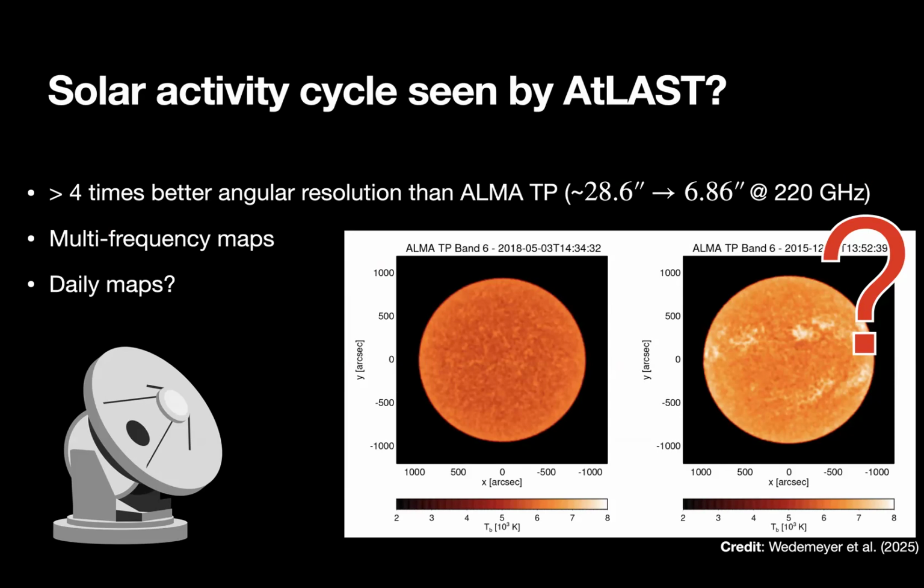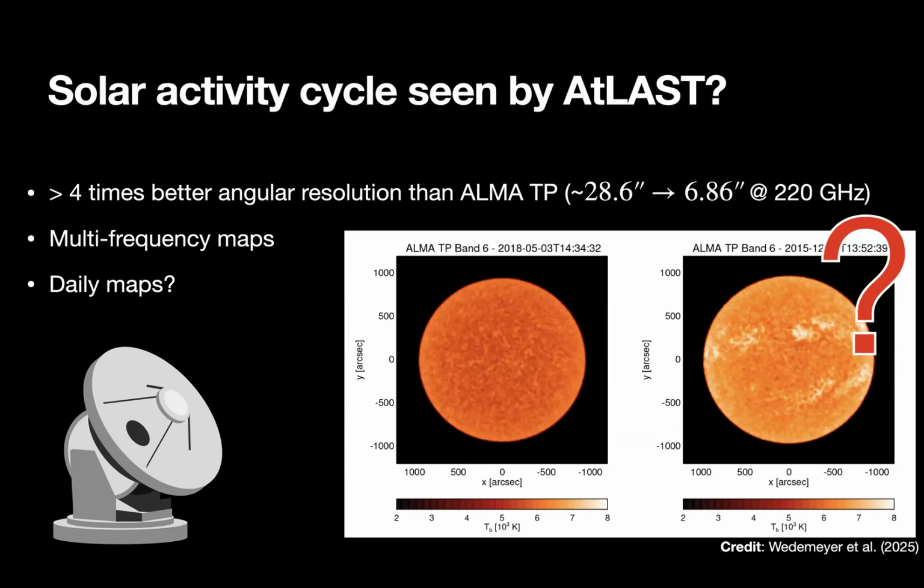ALMA total power has a resolution of 28.6 arc seconds, while AtLAST would be less than 7 arc seconds at the same frequency, and with the same advantage as that we saw for the thermal structure, having truly simultaneous multi-frequency maps, and therefore being able to map the thermal structure and how that evolves during a full solar cycle from minimum to the maximum and back to the minimum would yield a valuable input in how the solar activity cycle manifests in the millimeter regime.